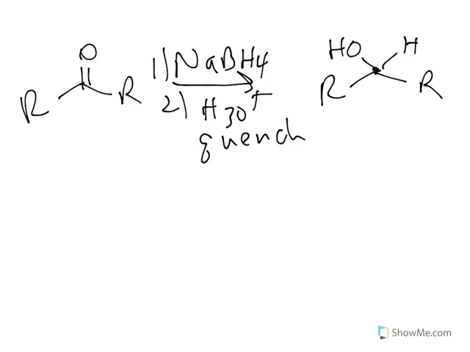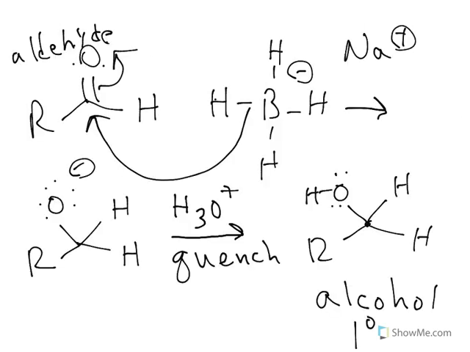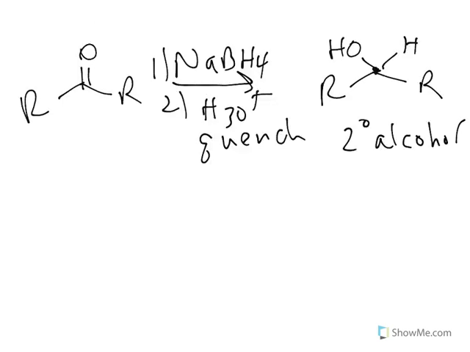Well, let's look at the carbon. All right. OH is attached to that carbon, and that carbon has 2 alkyl groups attached to it. So this is a secondary alcohol. Right. Very good. So what we'll have here, aldehyde giving primary alcohol, ketone giving a secondary alcohol. All right. So that's addition of hydride.